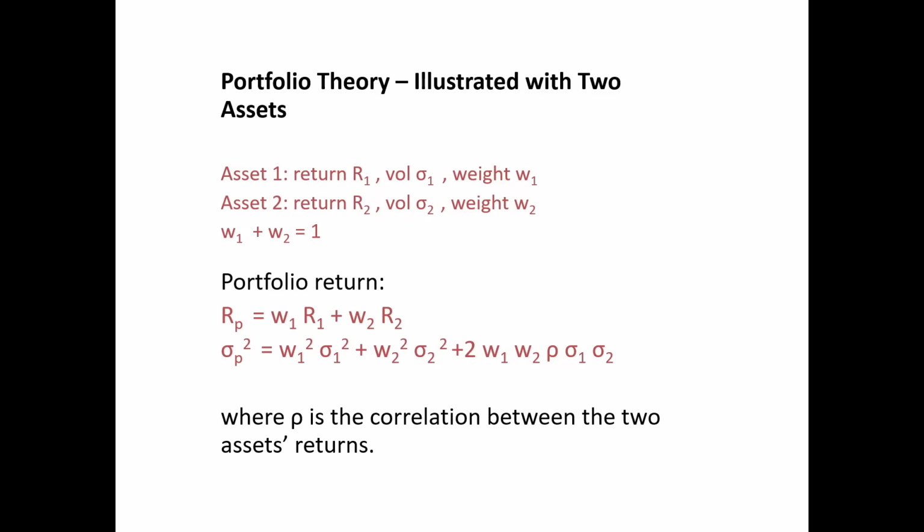And the variance, here sigma P squared, the volatility squared, can be expressed in terms of the weights and the volatility of each of the two investments, as well as the correlation rho between the two investments. This is a very common equation you have probably seen many times in any probability or statistics class.